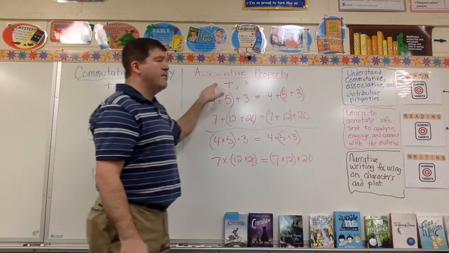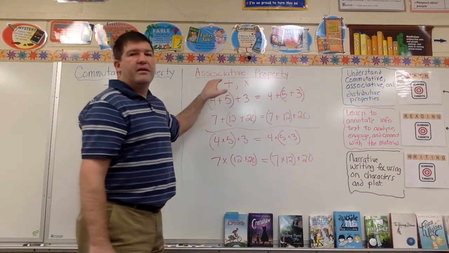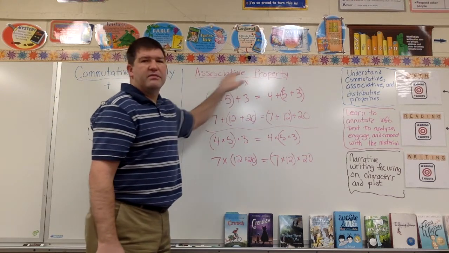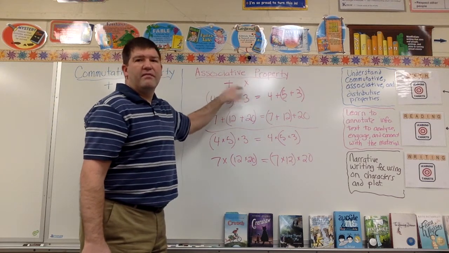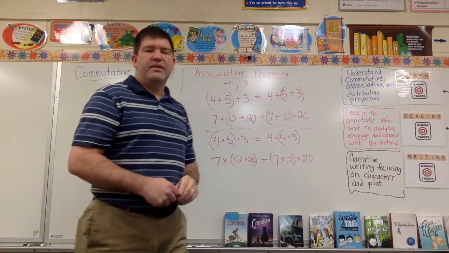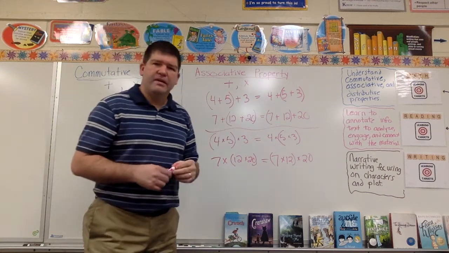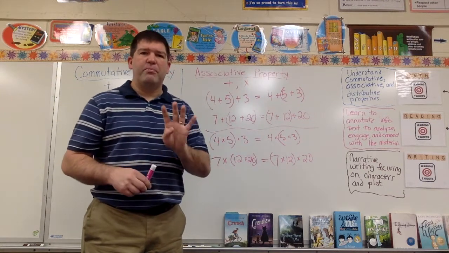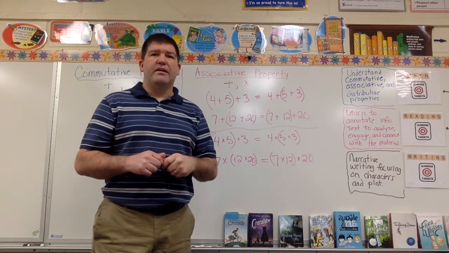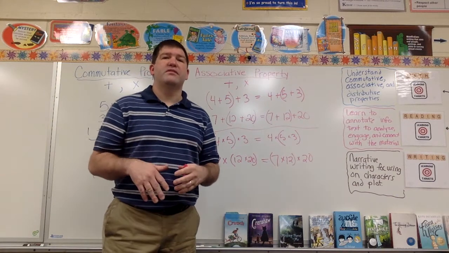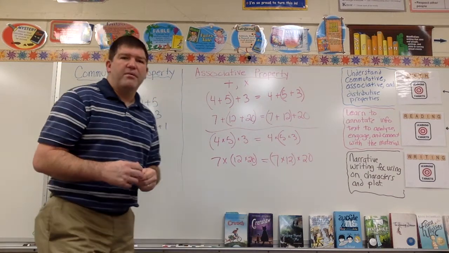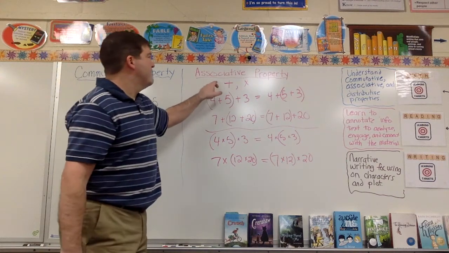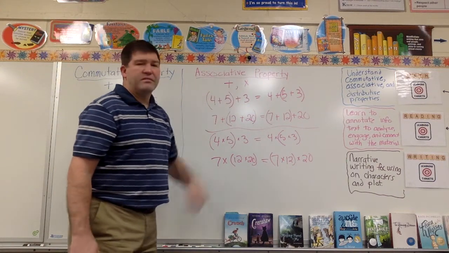Then show me a problem that's the associative property of addition and the associative property of multiplication. So on any paper, you're going to put your name on it, and make up 4 problems of your own that show me you understand commutative addition, multiplication, and associative addition and multiplication.